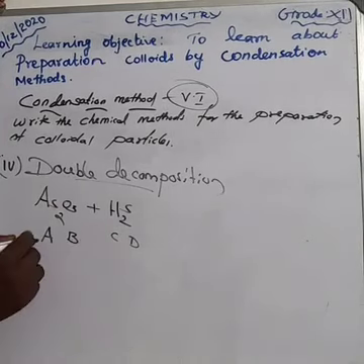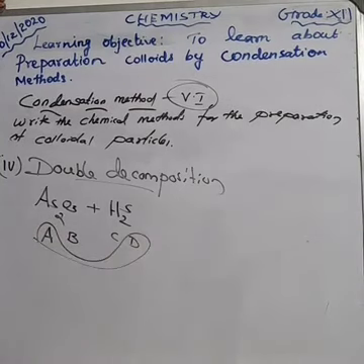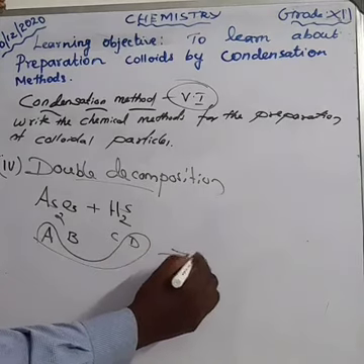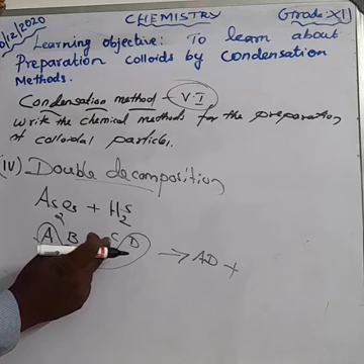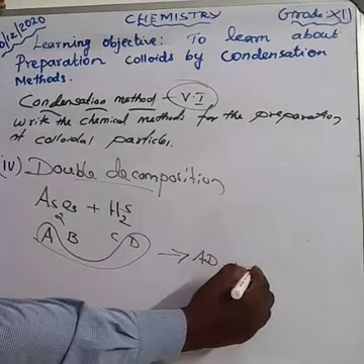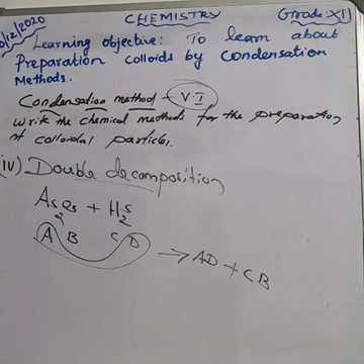A combines with the D to form AD, and also C combines with the B to form CB. Clear? This reaction is a double decomposition reaction.